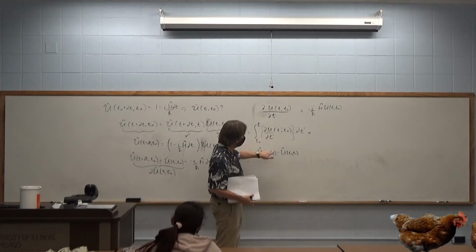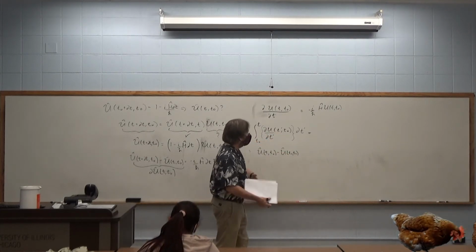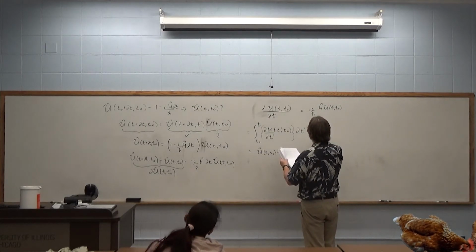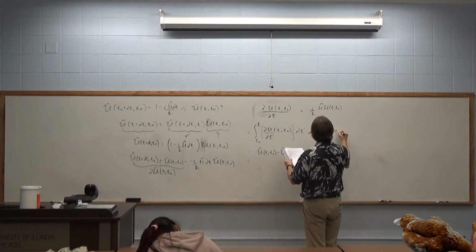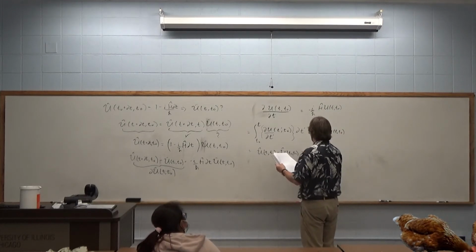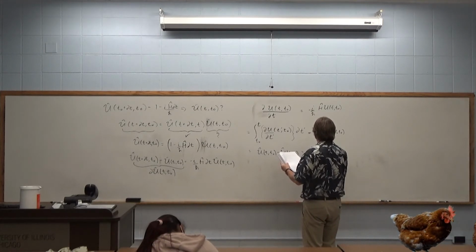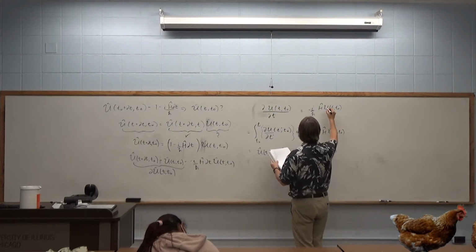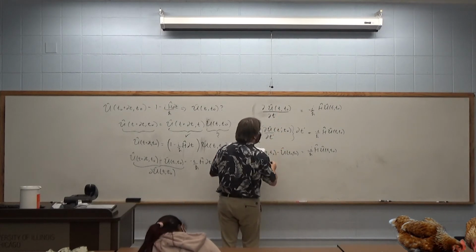Upper limit, t naught, minus lower limit, t naught. Okay, and this other side is, I'll just write it down to be careful. And I forgot the little cats.